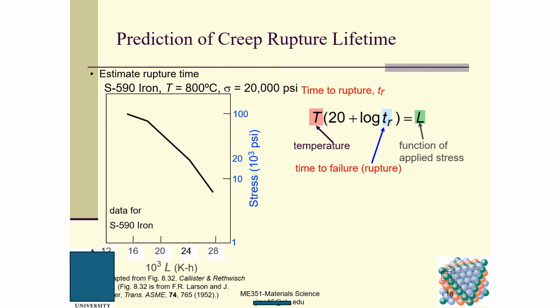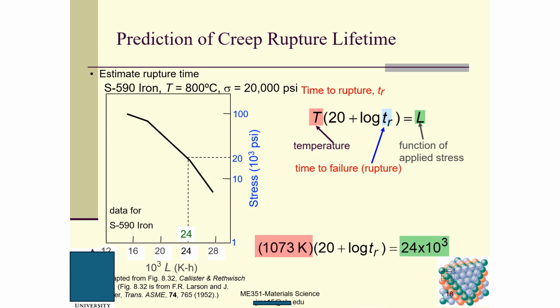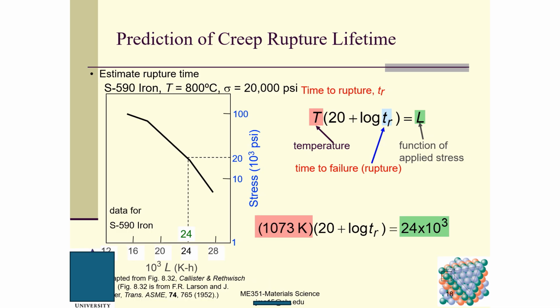The prediction of creep rupture lifetime. So here the temperature is given, the applied stress is given, and you calculate the time to rupture. Okay, so this is using this equation: temperature times (20 plus log TR), where TR is the time to failure, rupture, equals L, the function of applied load. This is based on this figure, right?